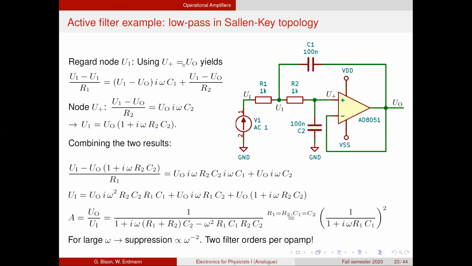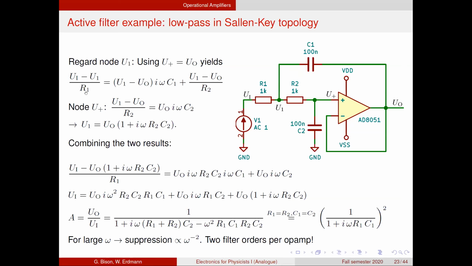Then we have a look at this terminal here. There are three currents involved: the current through resistor 1, the current through resistor 2, and the current through capacitor 1. So let's simply write them down.